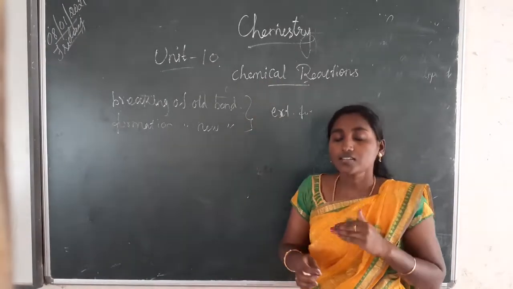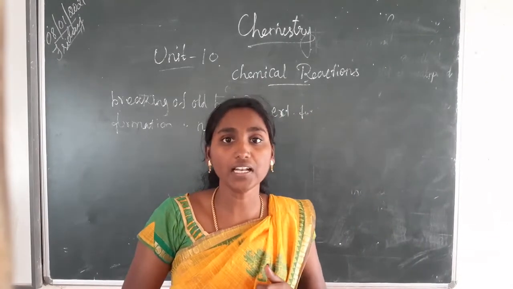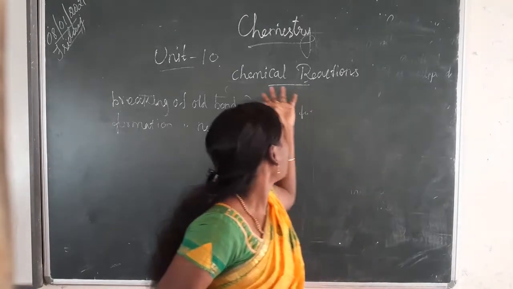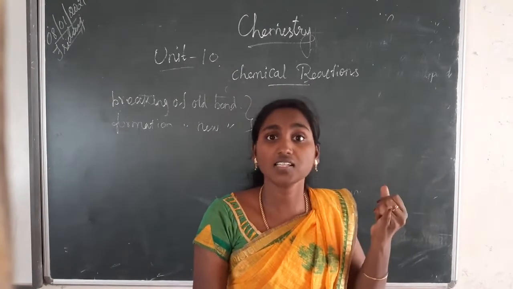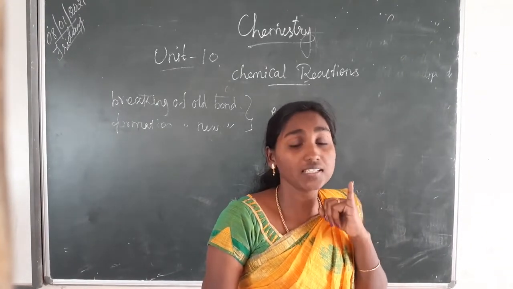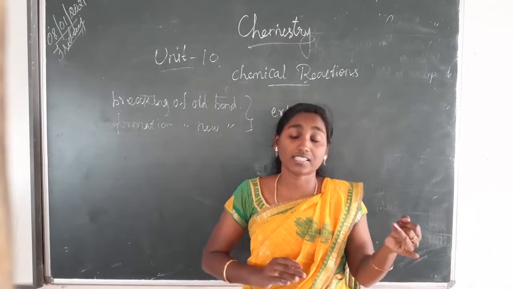In this lesson, first we are going to study the types of chemical reaction. You know some examples of chemical reactions. Rusting of iron is a good example, right? In the previous lesson we studied what rust is and its chemical formula.